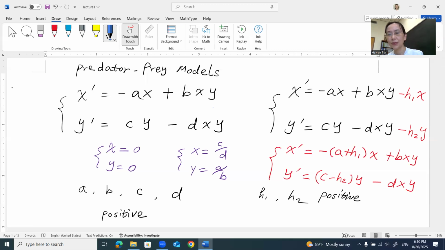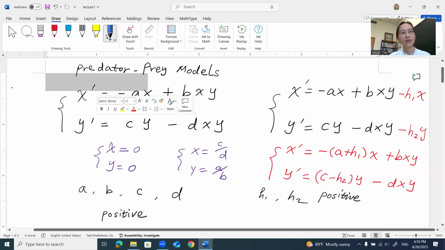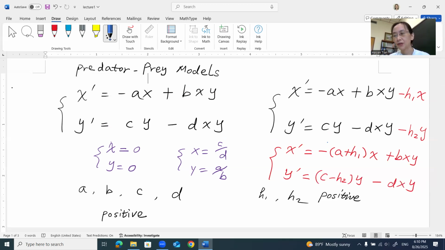So this is a new model that considers harvesting on the predator and prey. It has actually a similar form. You just look at this equation and that equation. The only difference is this coefficient A now becomes A plus H1, right?